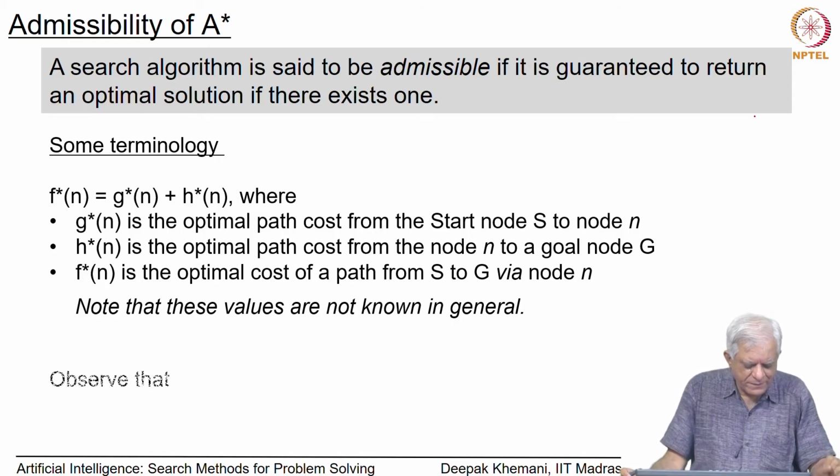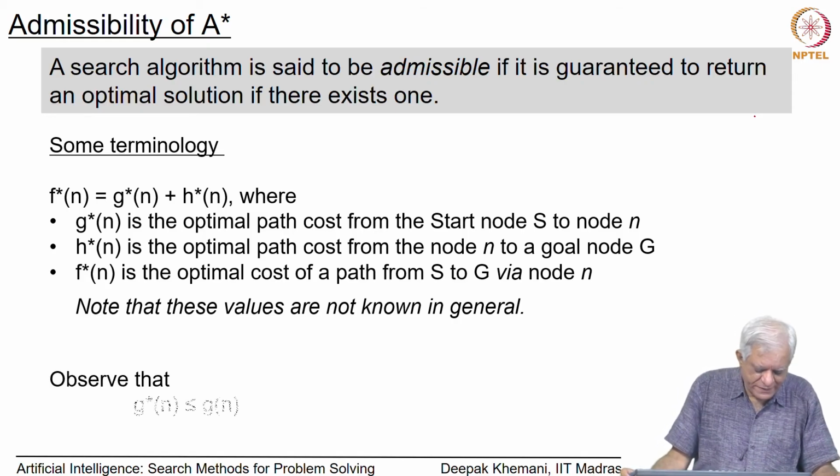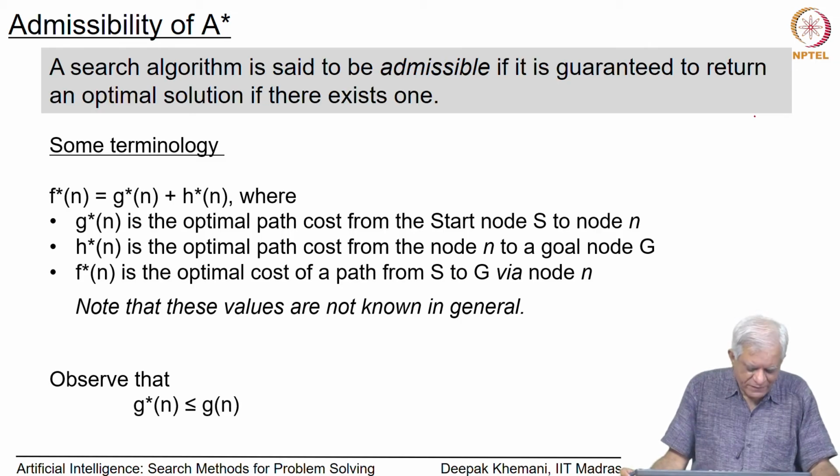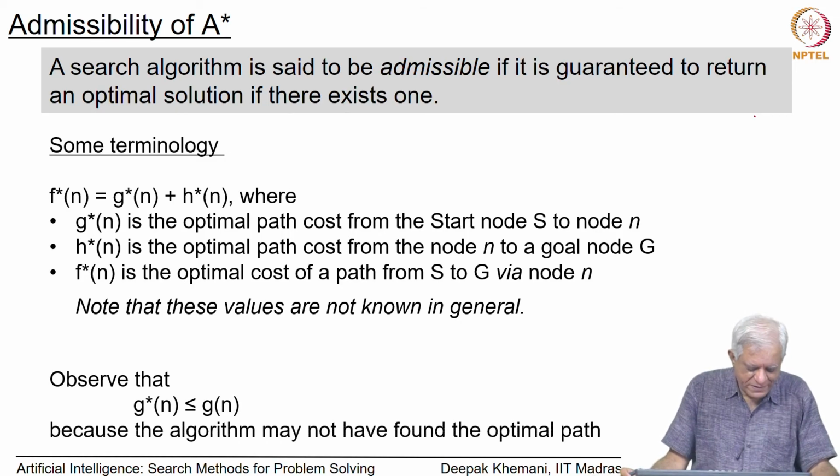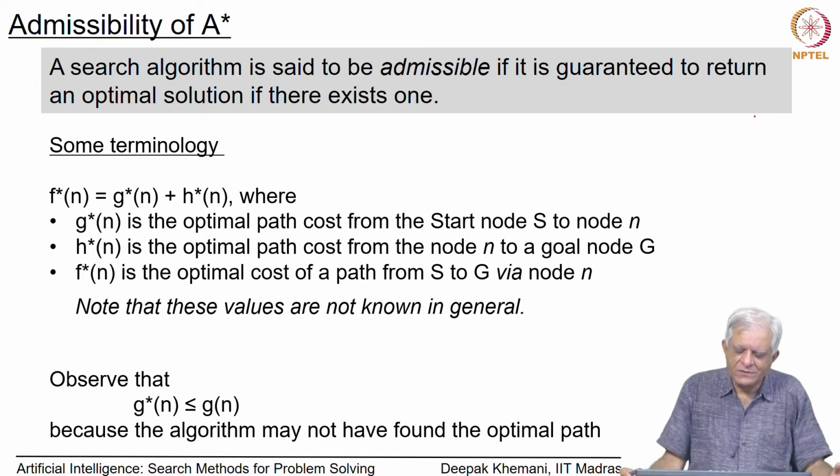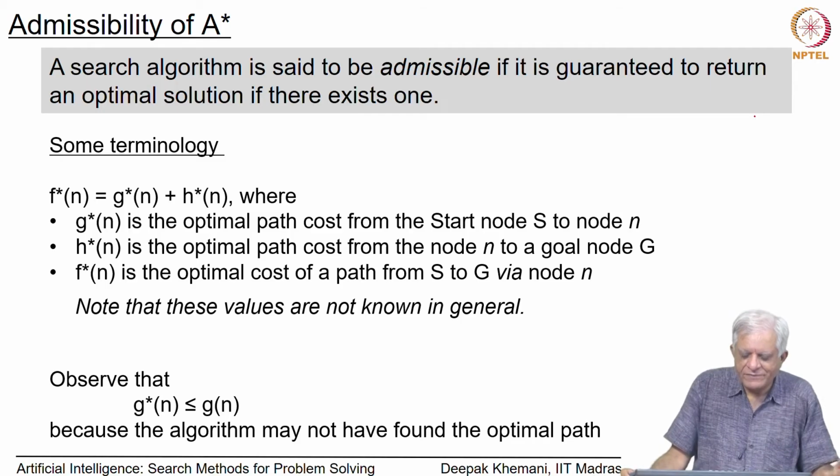You can also observe that in general g star of n will always be less than or equal to g of n, and the reason for that is that the algorithm at that point may not have found the optimal path to that node n. Sorry, when I was saying A, I meant the example that we were considering with Dijkstra's algorithm.